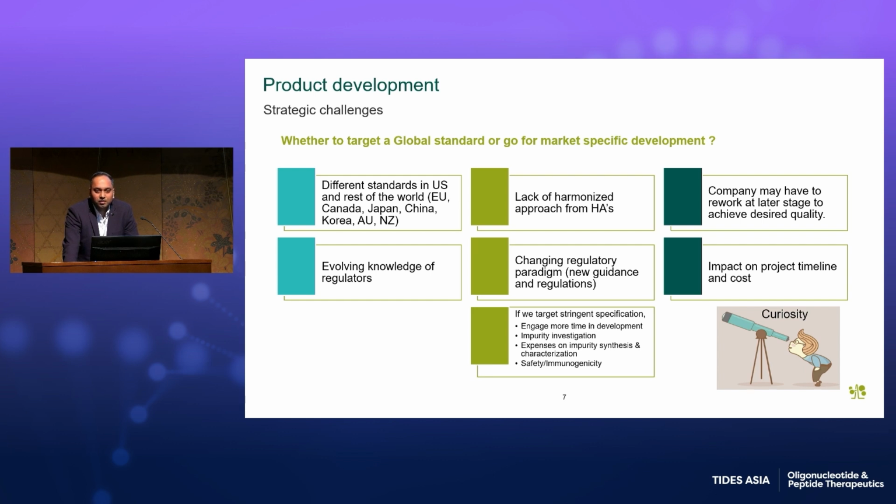And rework means there will be a lot of things which need to be reworked with respect to the control strategy, impurity synthesis, identifying the new impurities, validation, and all those things. So as I mentioned, there are different standards available, and a lack of harmonized approach.